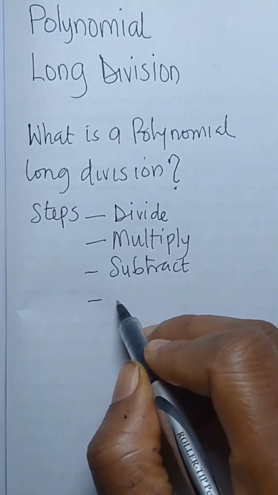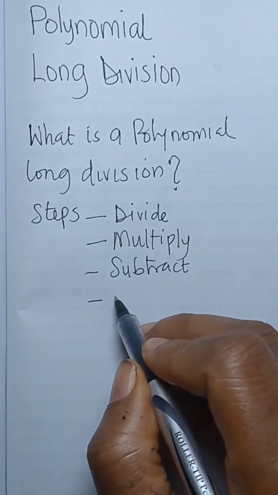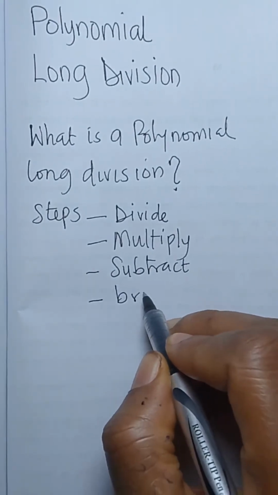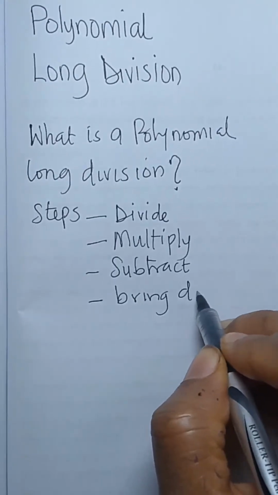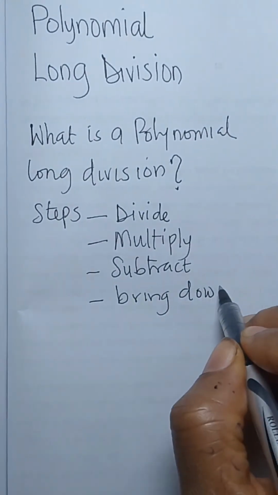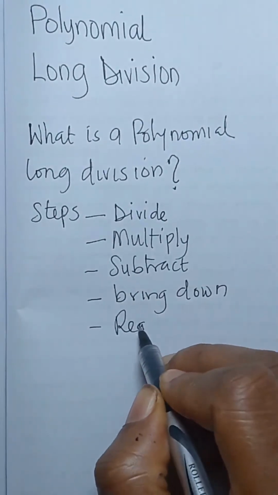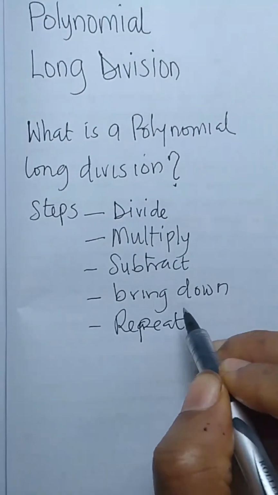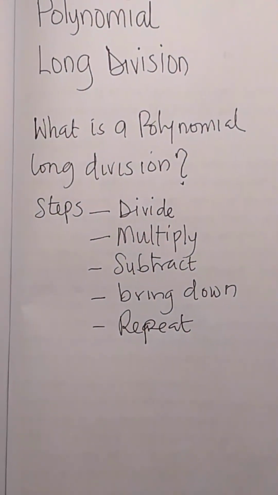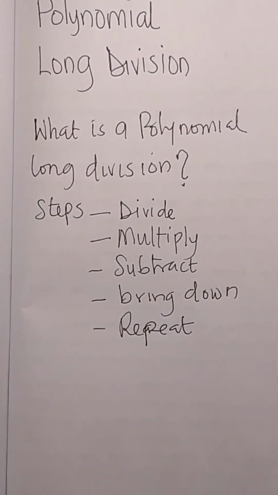And the fourth step, we bring down. Then we repeat. Okay, we repeat. So these are the key steps we use when solving polynomial long division.